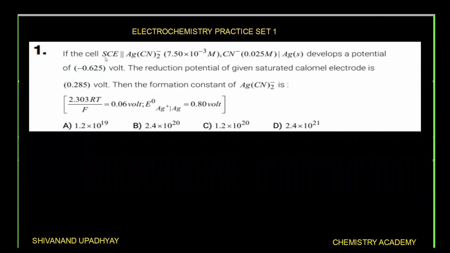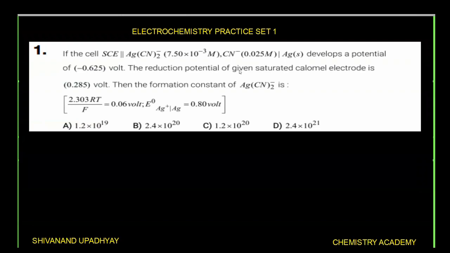If the cell is SCE (saturated calomel electrode) || salt bridge || Ag(CN)2 minus, whose concentration is 7.5 × 10^-3 M, CN minus concentration is 0.025 M, Ag+ in solid state, develops a potential of -0.625 volt.